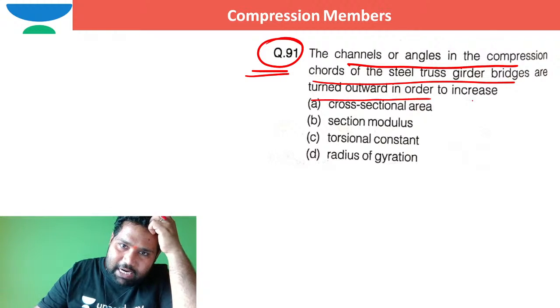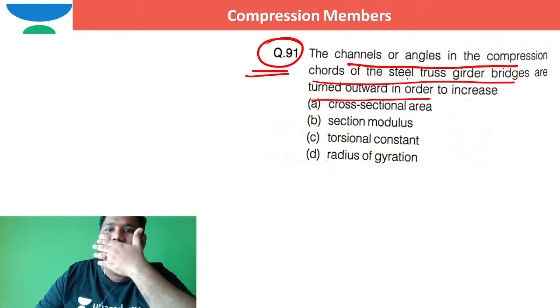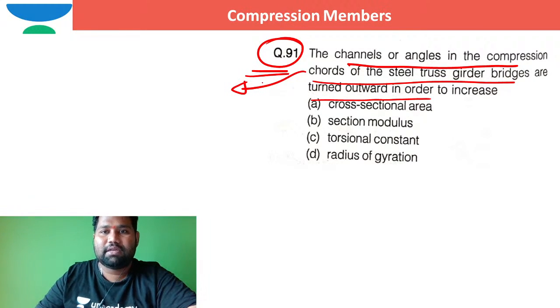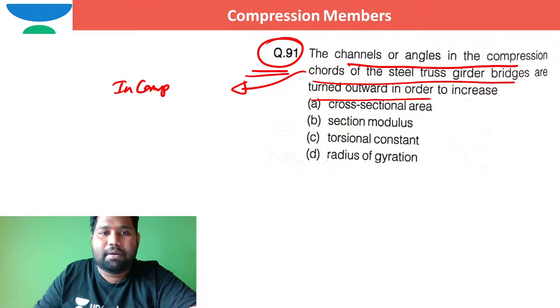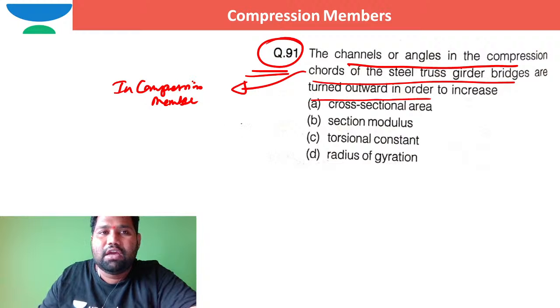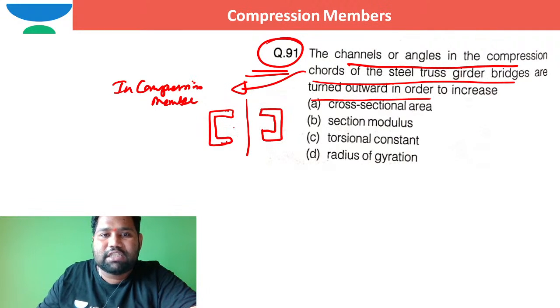In a steel girder bridge, especially the top chord in compression, meaning compression members, the channels or angles are kept away, turned away from the CG of the section. If this is a channel section, at a certain distance from it another channel section is kept. That is, the two channel sections are kept away from the CG of this built-up section.